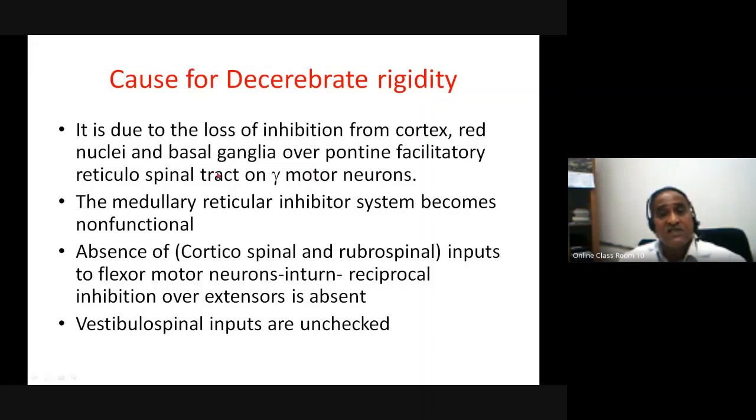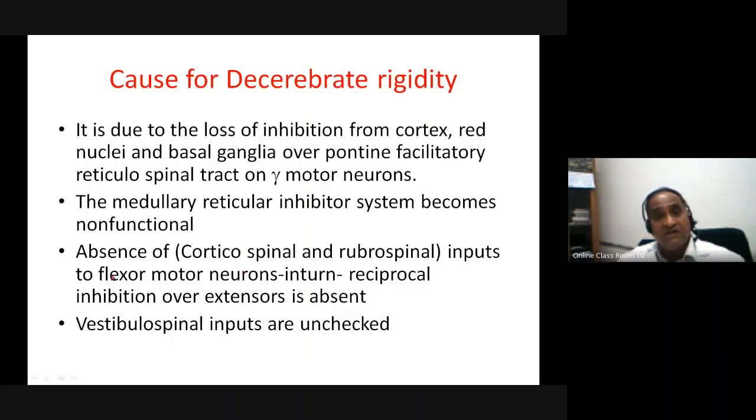The first thing is increased gamma motor neuron activity from the pontine facilitatory reticulospinal tract, and the non-functional or no inputs to the inhibitory reticular activity is another thing which adds to this gamma motor neuron activity.